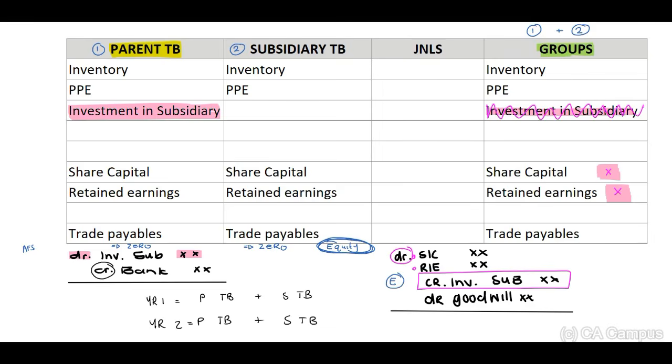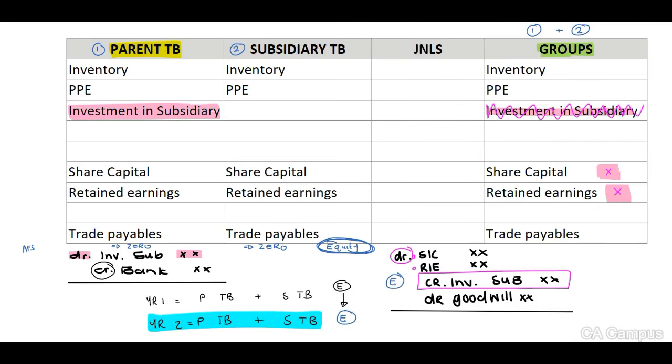Therefore, if you have recognized your elimination journal in year 1, in year 2 you will have to do this again. Why? Because you receive a clean trial balance. What do I mean with clean? No consolidation journals have been processed yet. Therefore, you will have to process your elimination journal again.